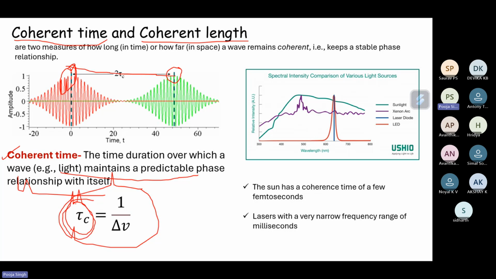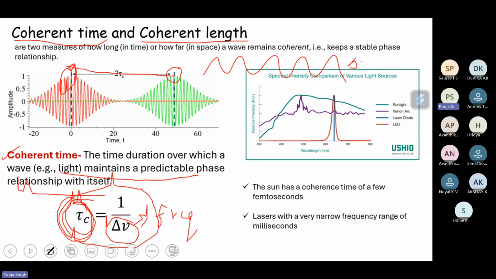Tau c represents the coherence time, which depends on delta nu, the frequency spread. It is inversely proportional to frequency. That means if your frequency is higher, you will have a very small coherence time. Why so little? Suppose you have this kind of frequency of light, which is normal.